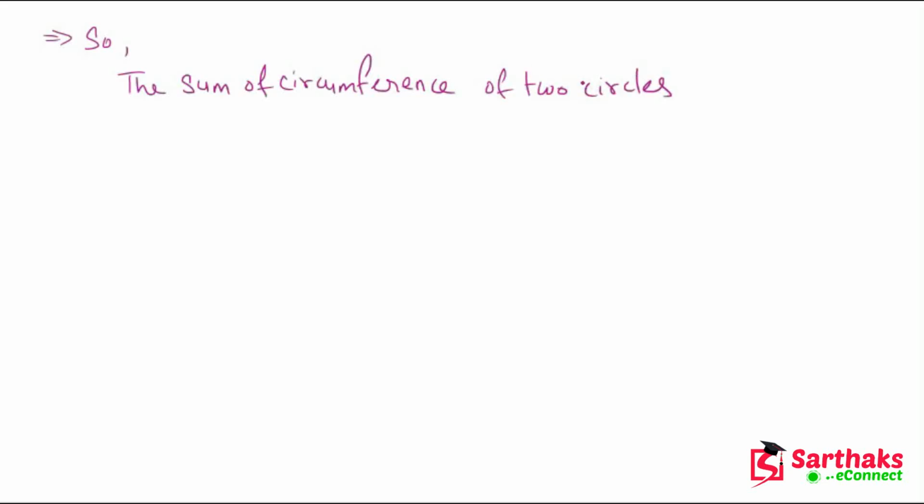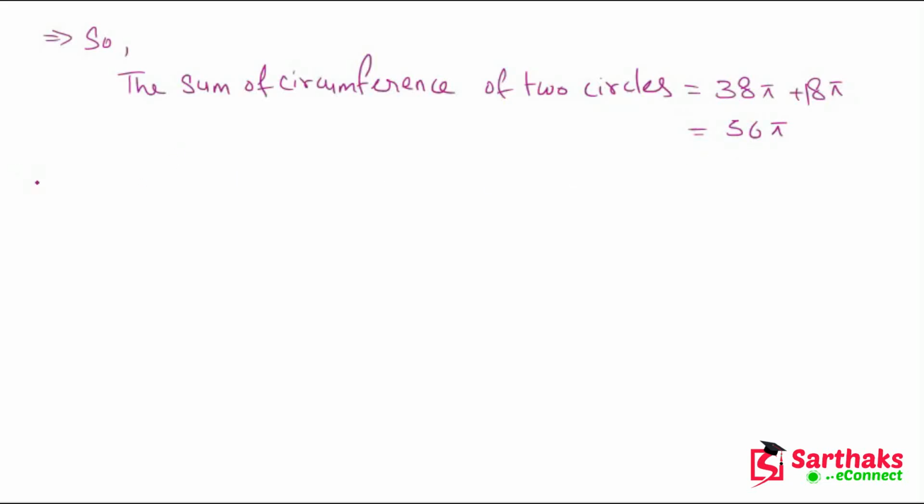So now, the sum of the circumferences of the two circles is equal to 38 pi plus 18 pi, which is equal to what? Yes, 56 pi.